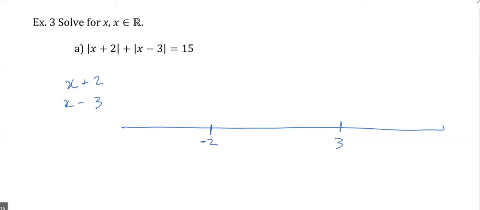For values in this section of the number line, like -3, -4, -5, both of these will be less than 0. -5 plus 2 is negative. -5 minus 3 is negative. So both of them will be negative here.